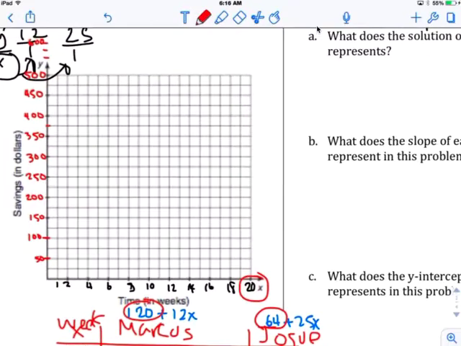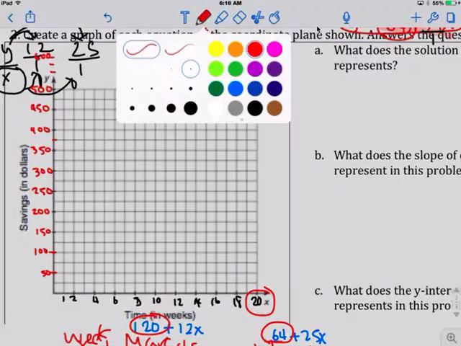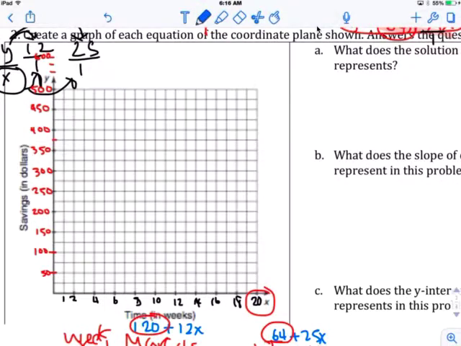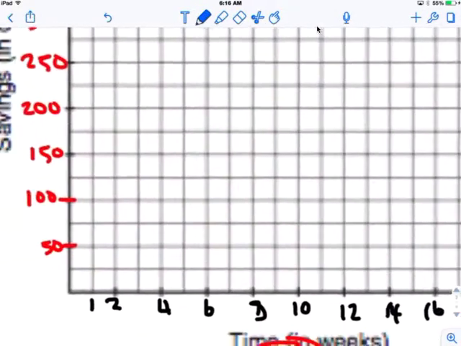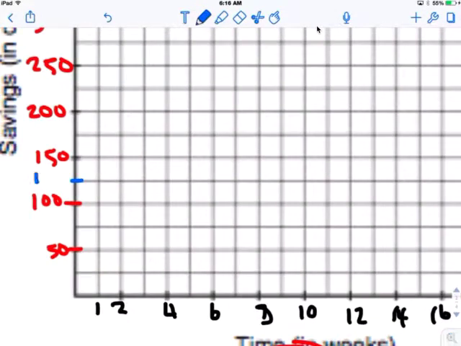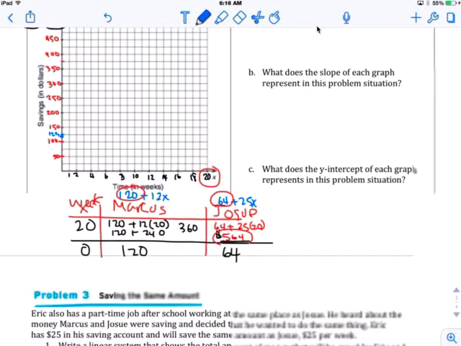Okay, so Marcus starts out at $120. 120 is somewhere here, here's 125, right there. That's 0, 120.